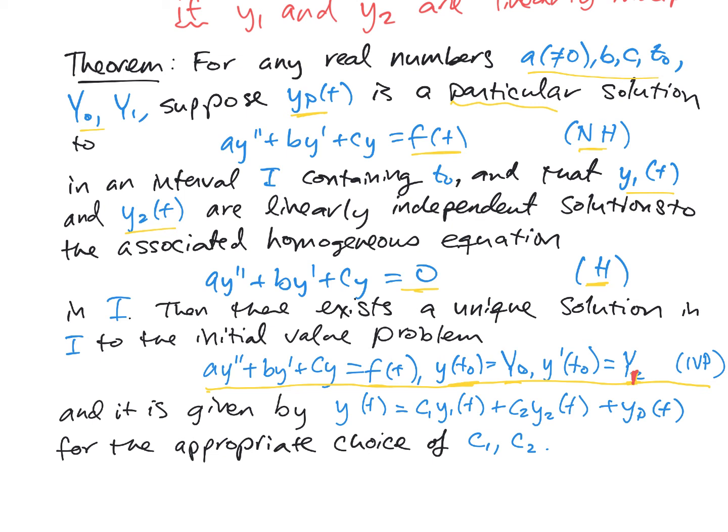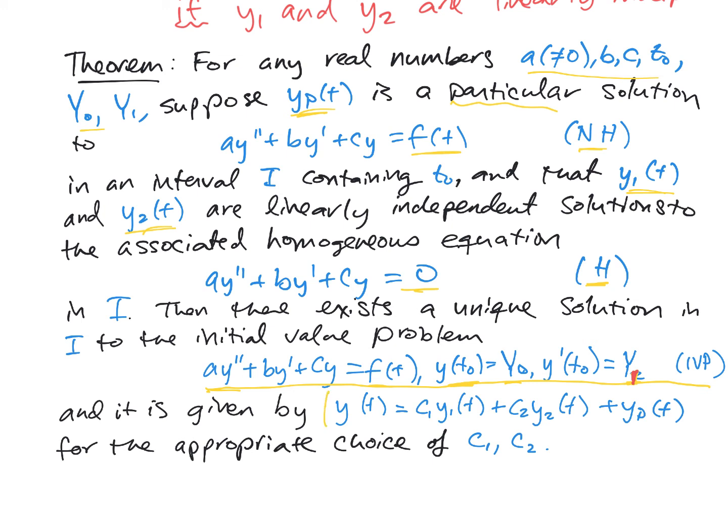if you have those three solutions, yp, y1, and y2, then there exists a unique solution to your initial value problem. Not only do you get existence and uniqueness, but it tells you exactly how to find it.